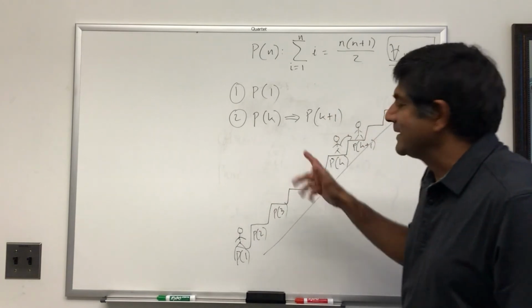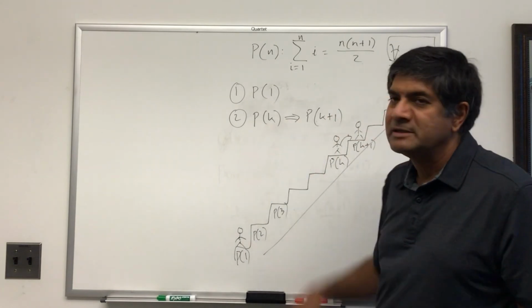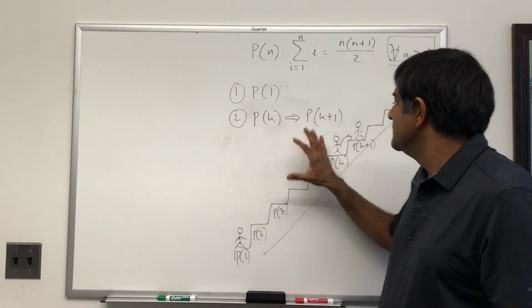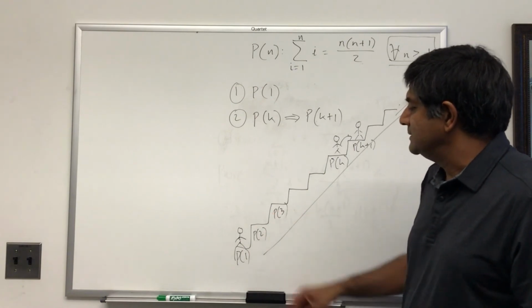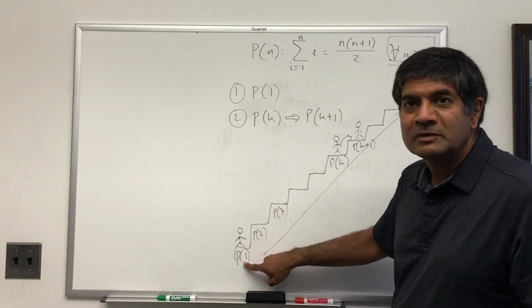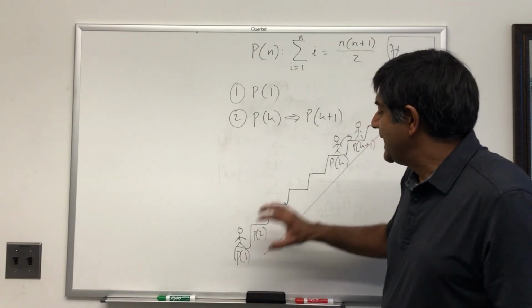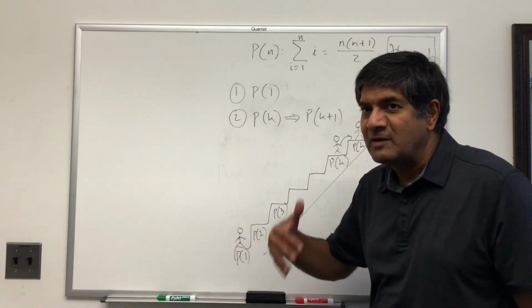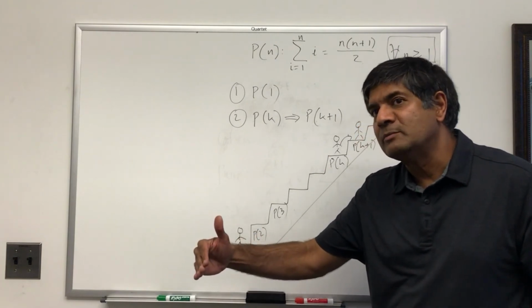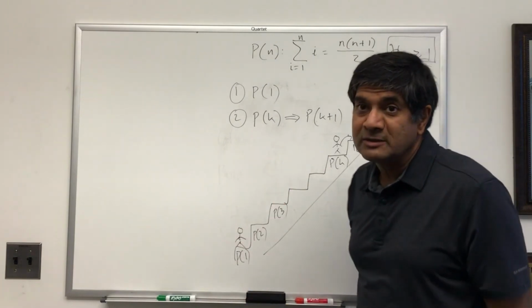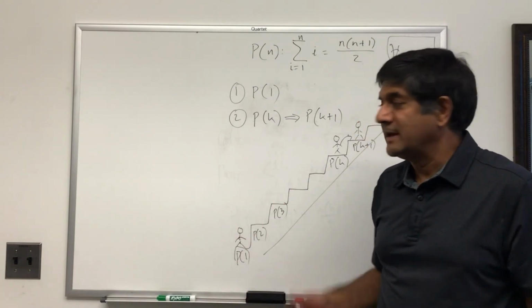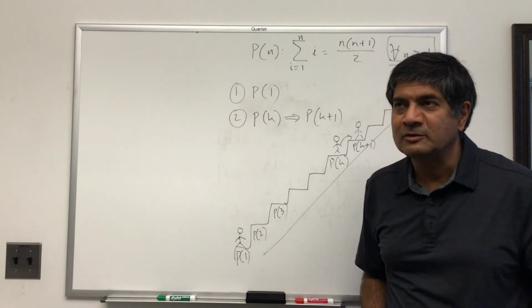So in fact, where that proof breaks down is in part 2 here. But again, this is the idea that if I can get onto the first step, and if I'm guaranteed that if I'm on a step I can always go up one more, then that tells you that you can climb up an infinite staircase. That's where this comes from.